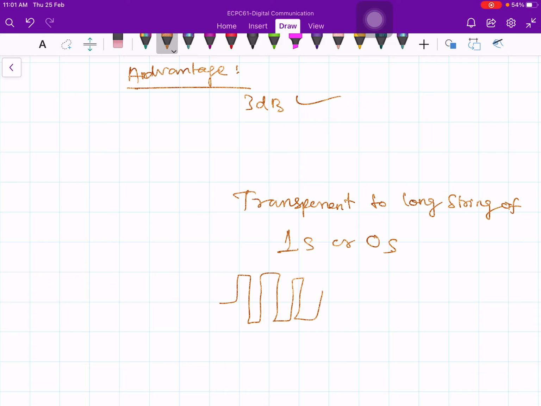So, any data sequence which is Manchester coded will be transparent to long strings of ones and zeros. So, from the point of view of timing extraction and synchronization, this is a very important point.